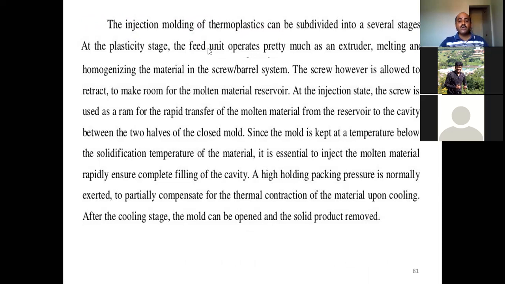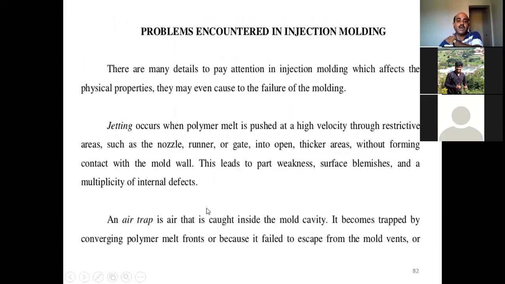Since the mold is kept at a temperature below the solidification temperature of the material, it is essential to inject the molten material rapidly to ensure complete filling of the cavity. High packing pressure is normally exerted to partially compensate for the thermal contraction of the material upon cooling. After the cooling stage, the mold can be opened and the solid product is ready.